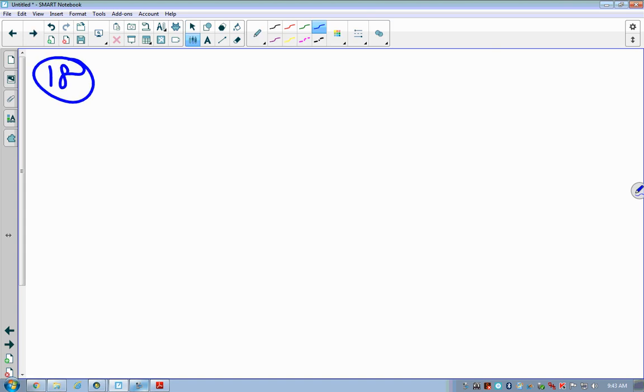18, if I can find you here. We have negative 3a minus negative 7a minus 2a. How might we want to simplify this before I start combining like terms?